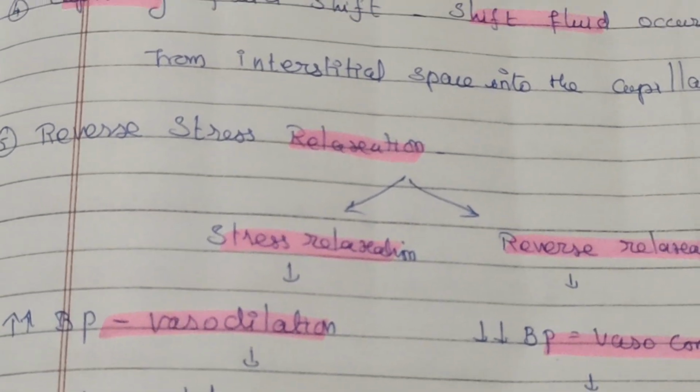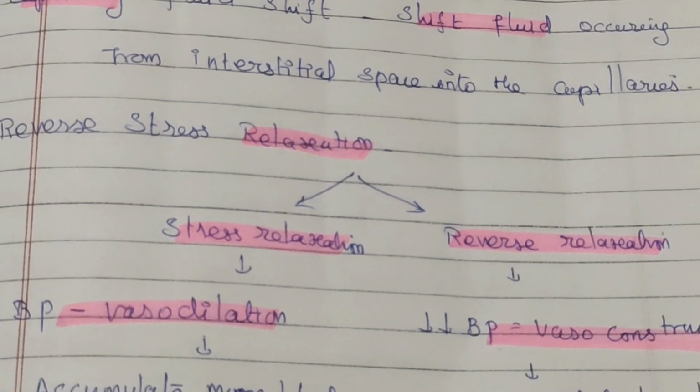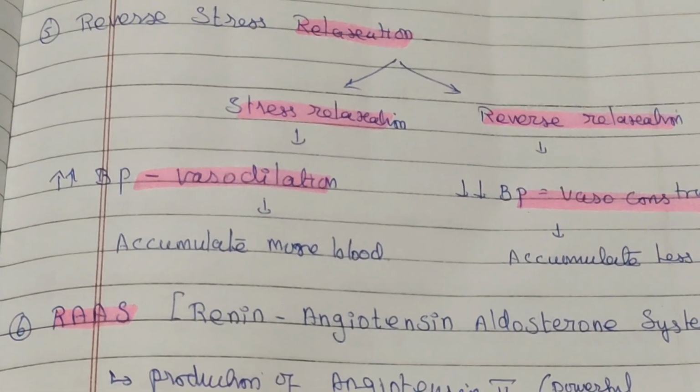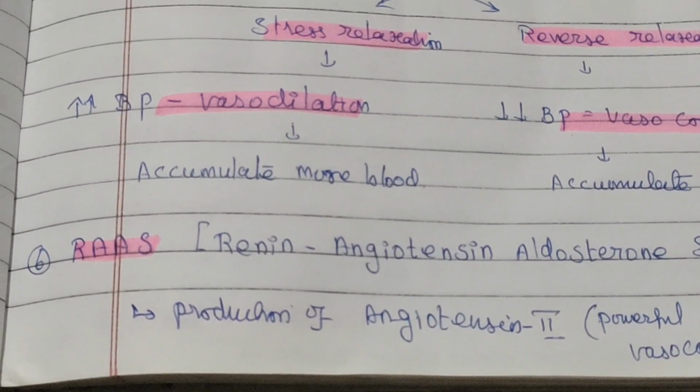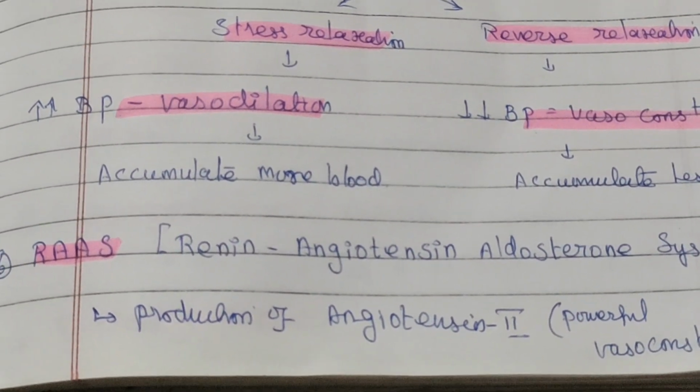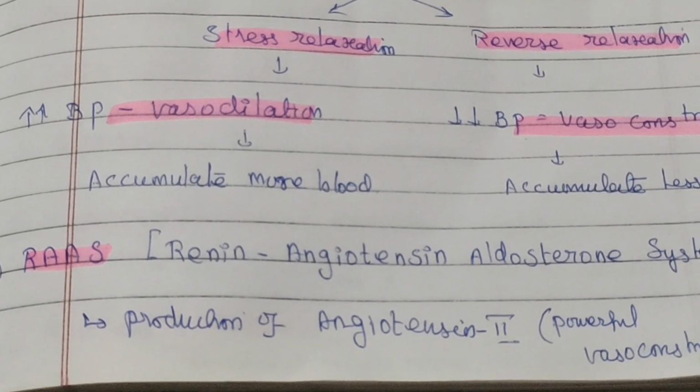So vasoconstriction increases blood pressure.